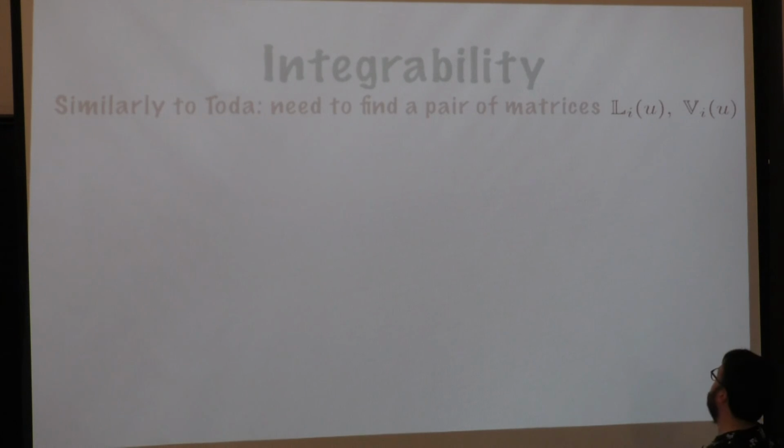Okay, so now your question about integrability. You can just open the book of Faddeev and see how integrability for the torus works. You have to build a pair of matrices for each site.